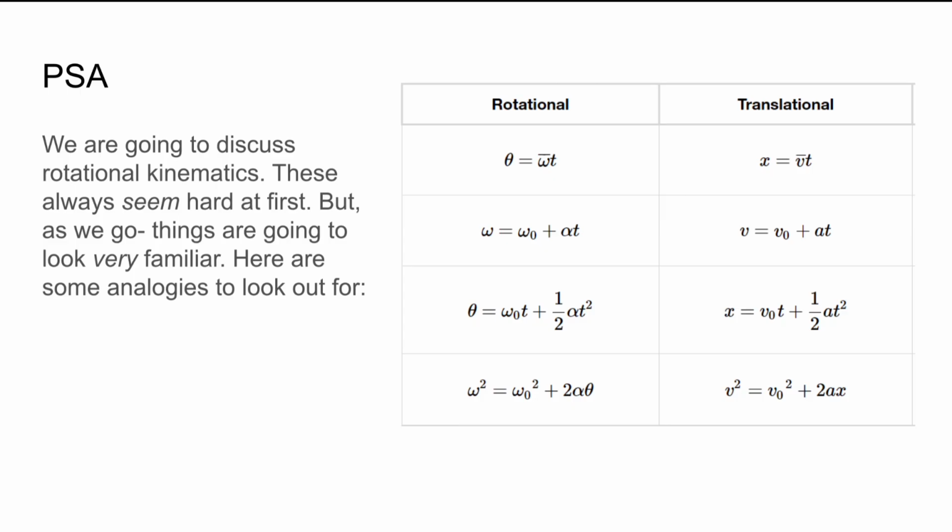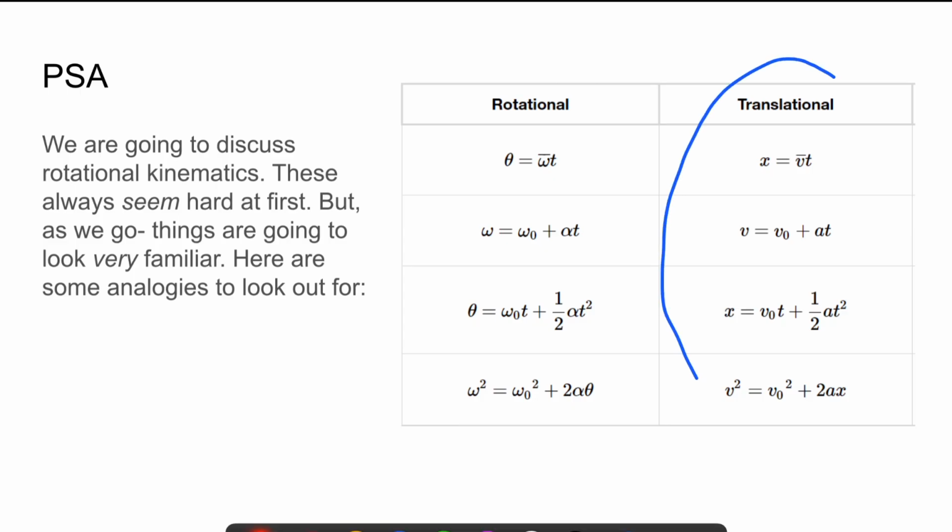Now, you'll see that over on the right-hand side here, we have our translational kinematics equations, and then we have these new rotational kinematics equations. We'll talk about it over the next couple of classes, and they look very similar. So there are some analogies to look out for here. One is that the position, or x, from translational motion is analogous to theta, or the rotation angle in rotational kinematics.